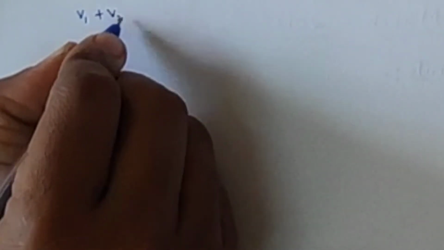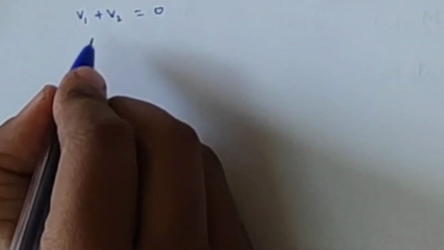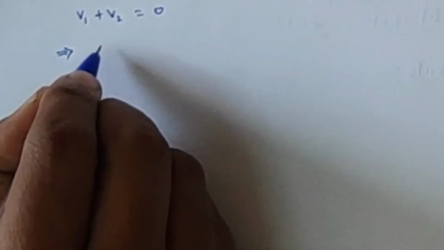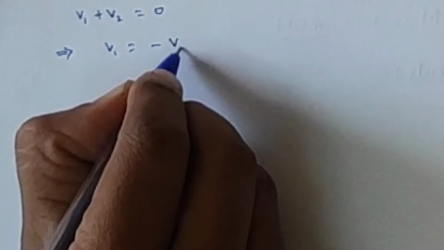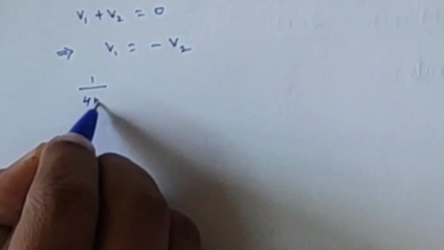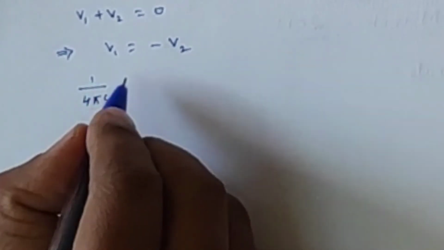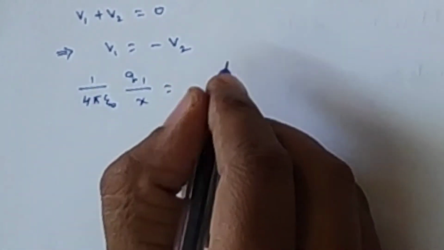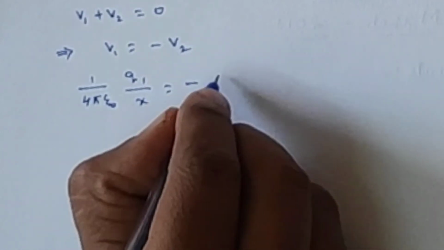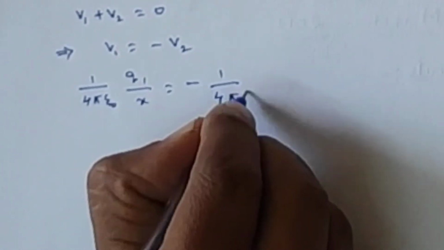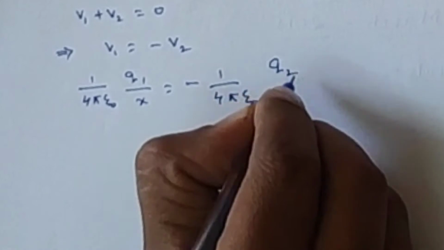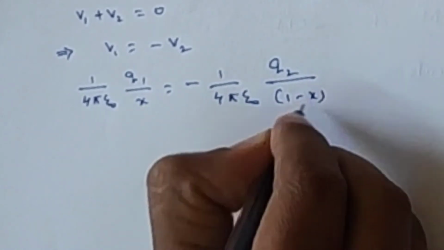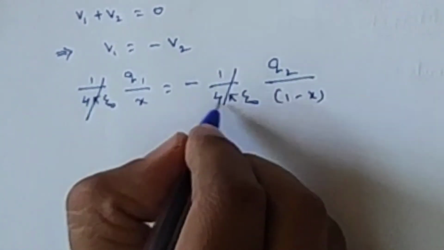V1 plus V2 equal to 0. Again V1 equal to minus V2. 1 divided by 4 pi epsilon naught Q1 by x equal to minus of 1 divided by 4 pi epsilon naught Q2 by 1 minus x. This and this get cancelled.